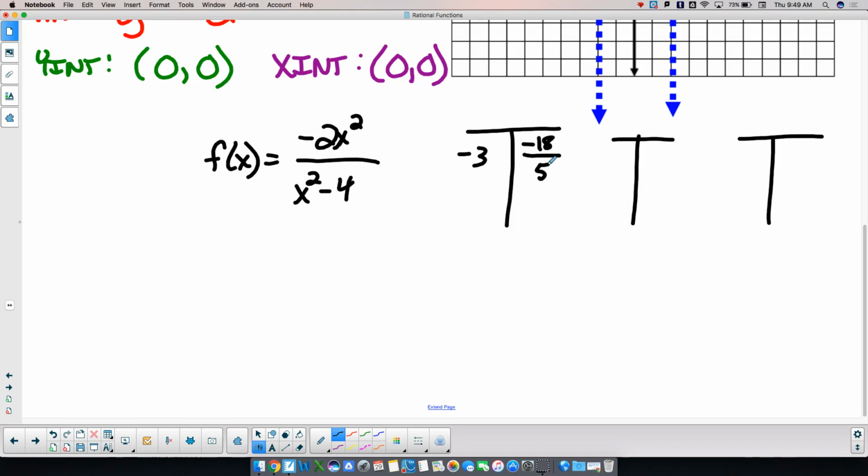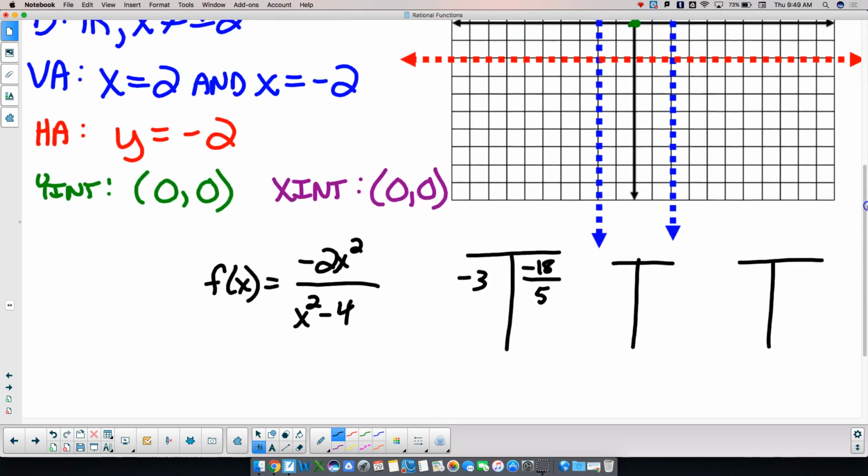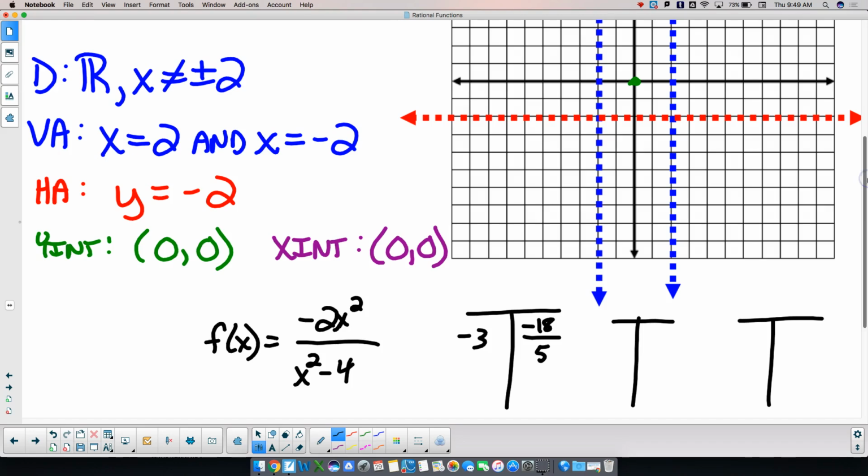Okay? So that's going to be negative 3.6, so it's going to be somewhere in that range. If I put in negative 10, I get negative 200 over 96, which is a little bit less than negative 2.